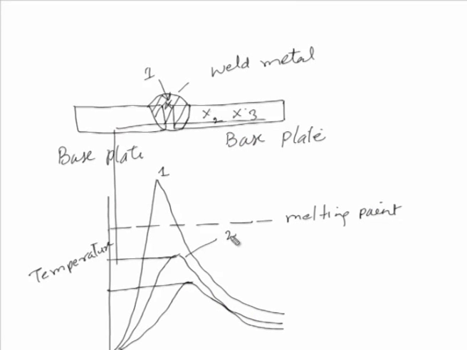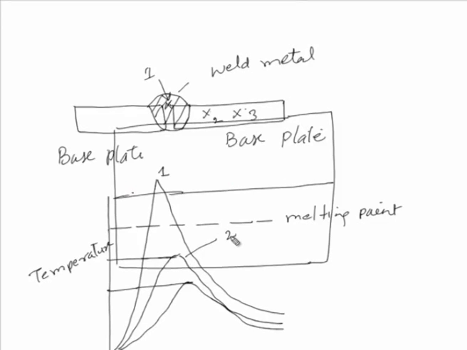If we take up another case, and see the temperature variation, say this is the weld line. So, this is the weld pool. Normally, it is elliptical when the welding is done at a certain speed.